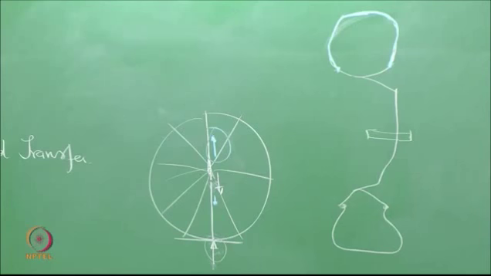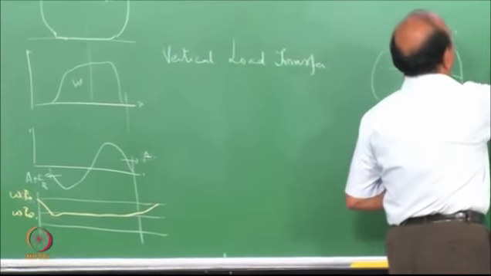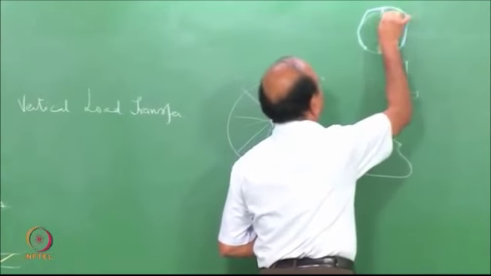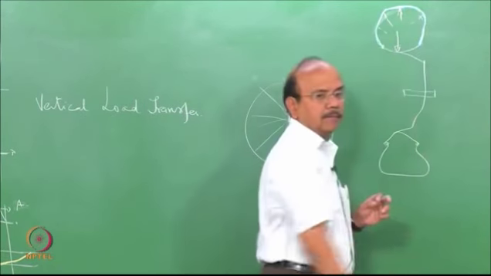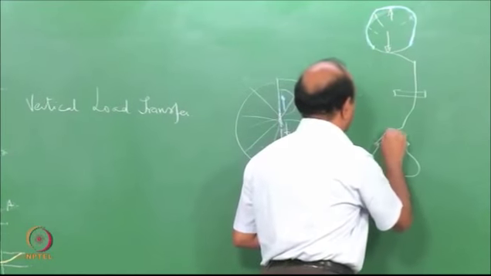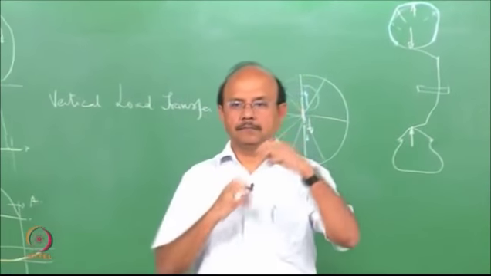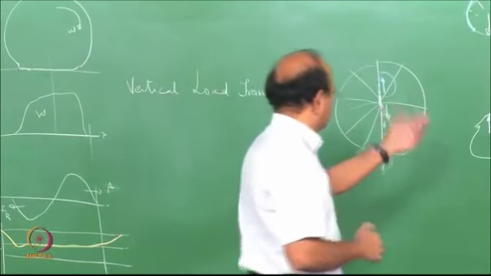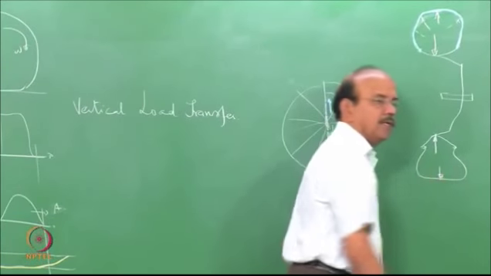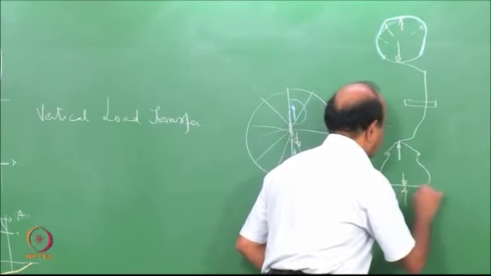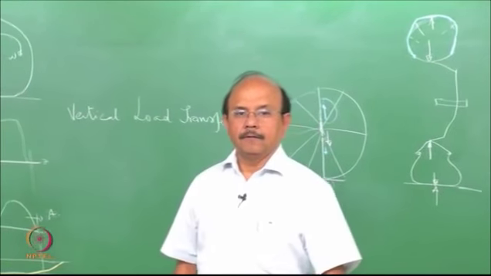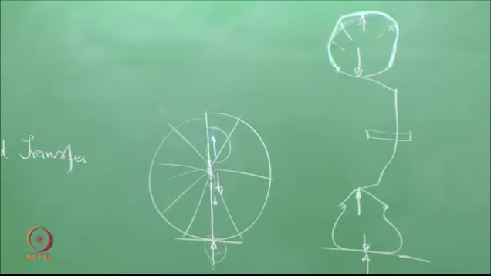Let us look at what happens in this whole situation. Of course, the first thing you would say is that look, that is the inflation pressure, and it acts throughout. There is an inflation pressure like this, which acts on the rim. Let us say that it is a tubeless tire; a tube tire does not make any difference. That is the inflation pressure, and that is the ground reaction. Clear? This is how it acts.